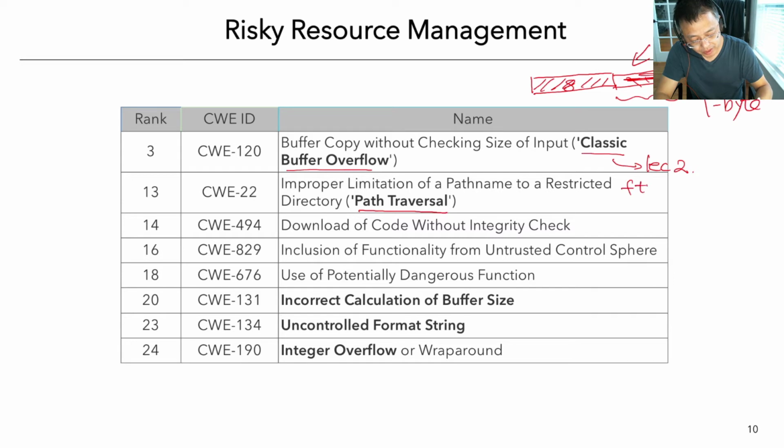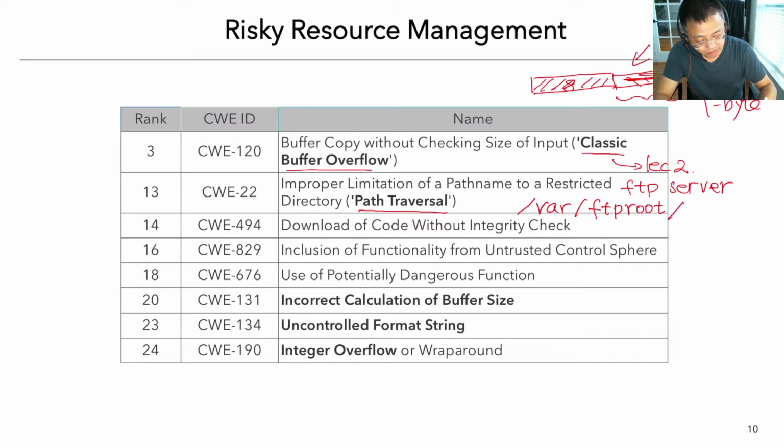Say you have an FTP server, right? You want to limit the path to be on the, say, var FTP root, right? You want to limit everything under this directory.